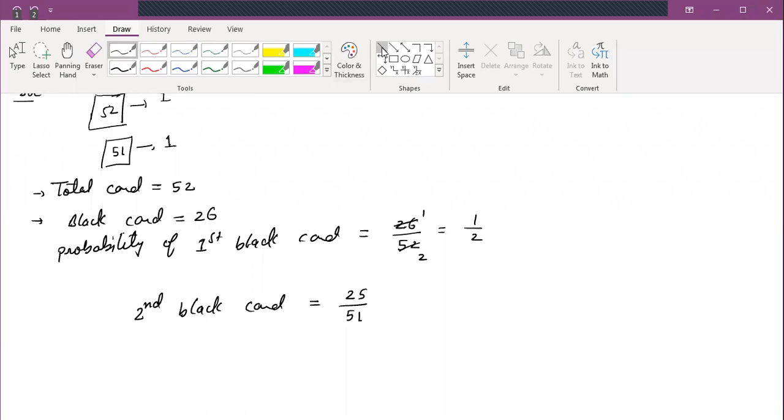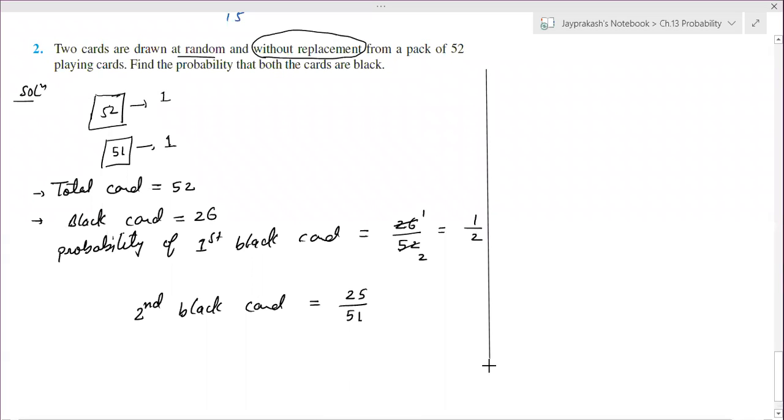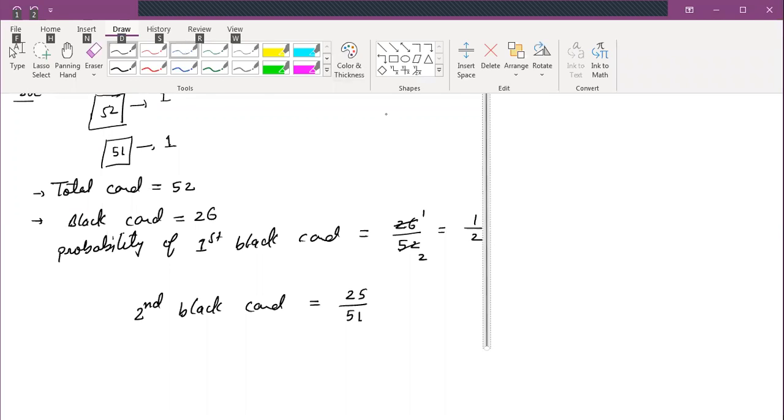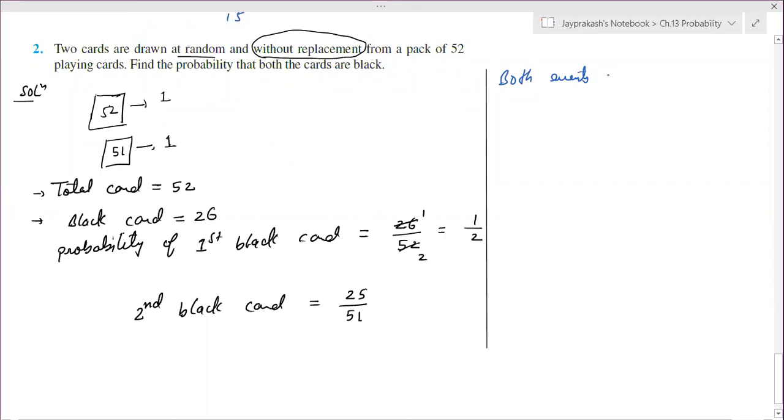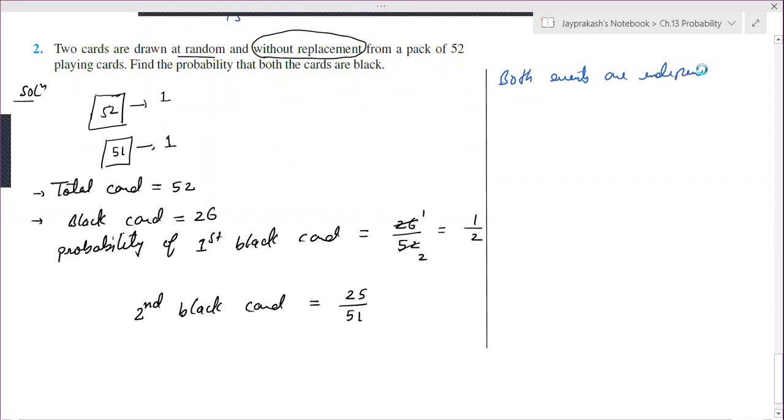So what will we write here? We will write that both events are independent.